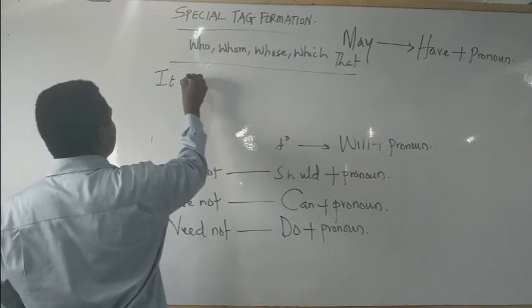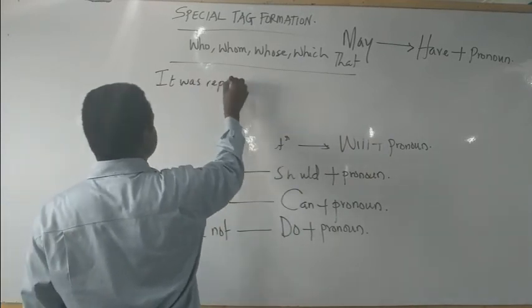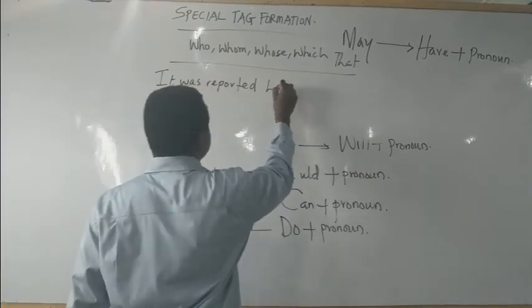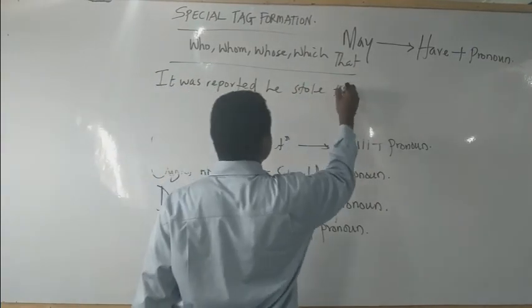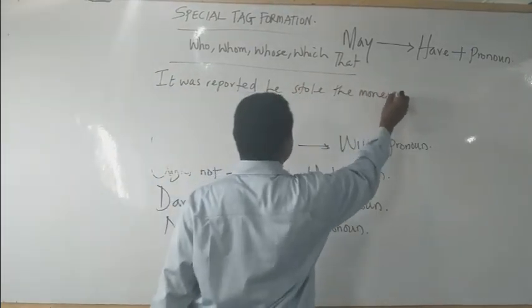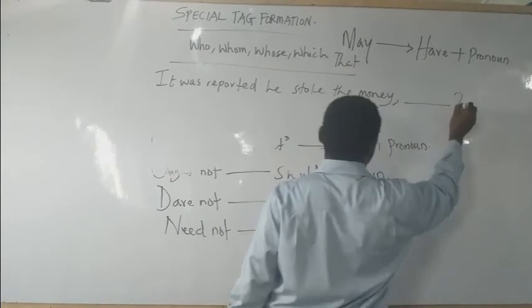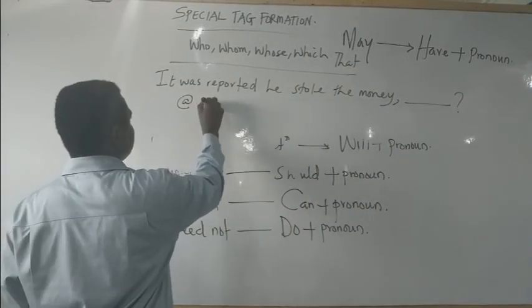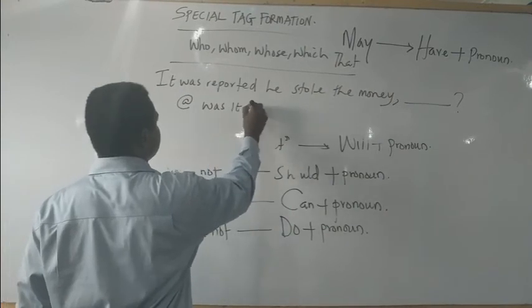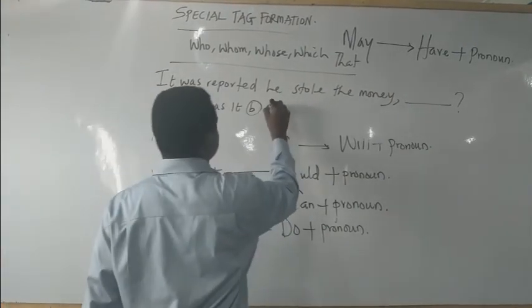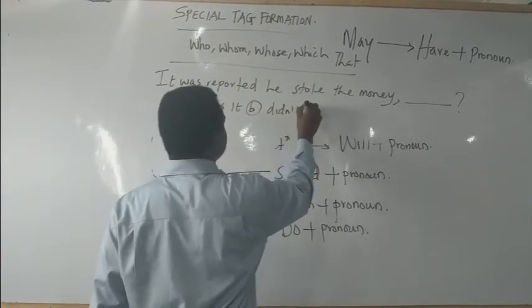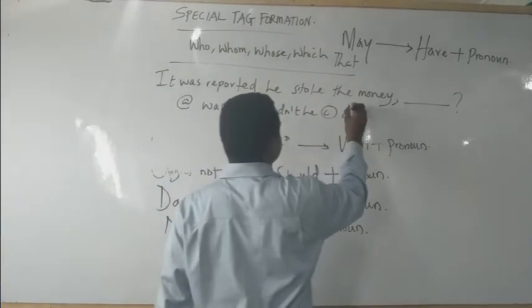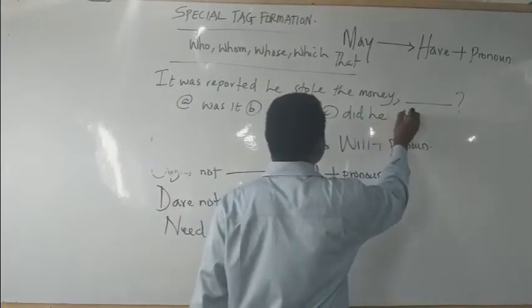Example, if I have: It was reported he stole the money. The question: it was reported he stole the money. Option A, was it? B, didn't he? C, did he?